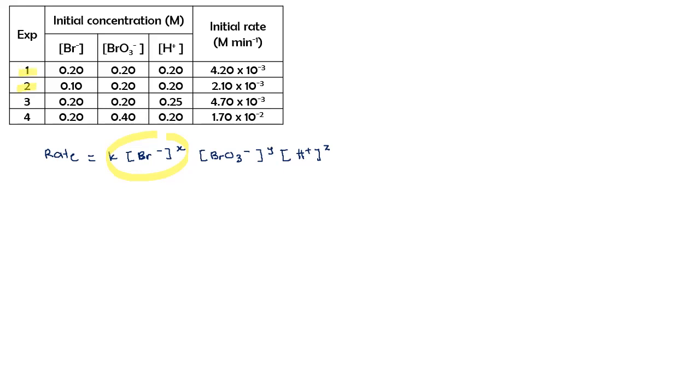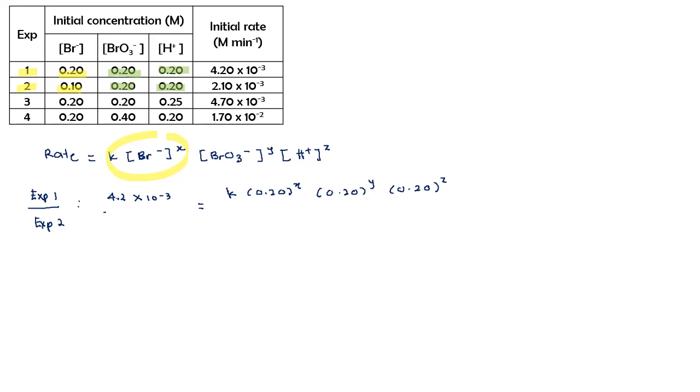Why? Because these two have different concentrations of Br minus, and the other two concentrations you must keep constant. I will show you in the calculation below.